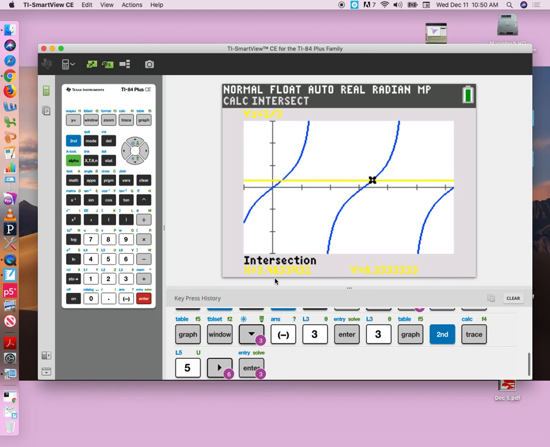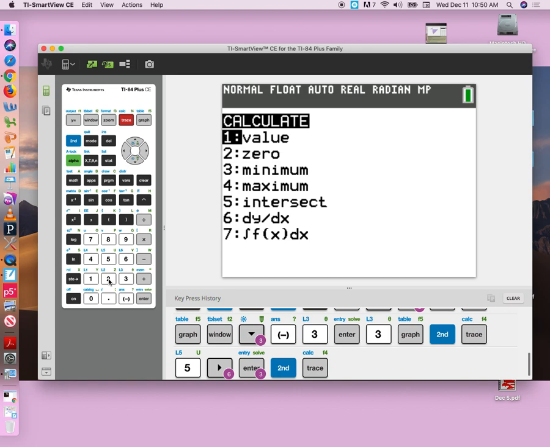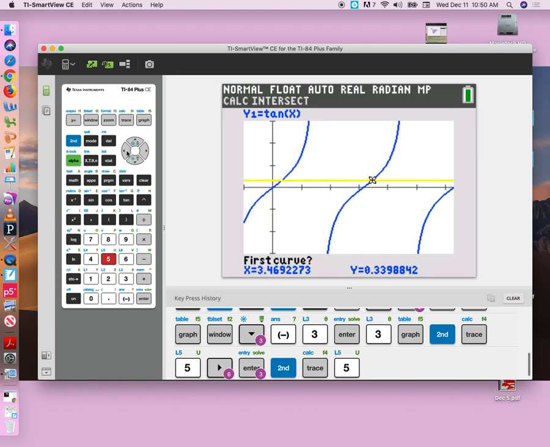And then I'm going to go back and find the other one. Second, calc, intersect. I'm going to move back here. You just got to get kind of close to it and hit enter, enter, enter. And those are our two answers.